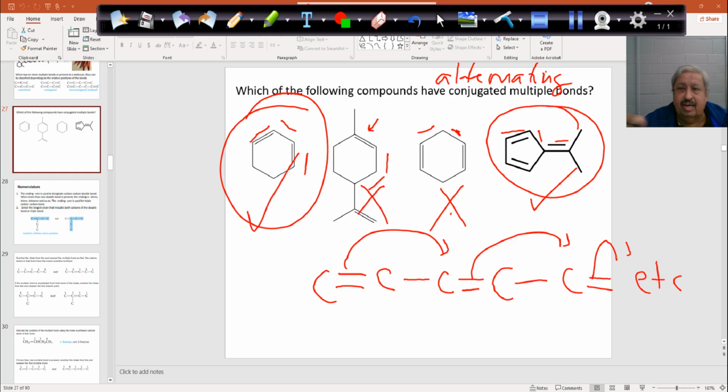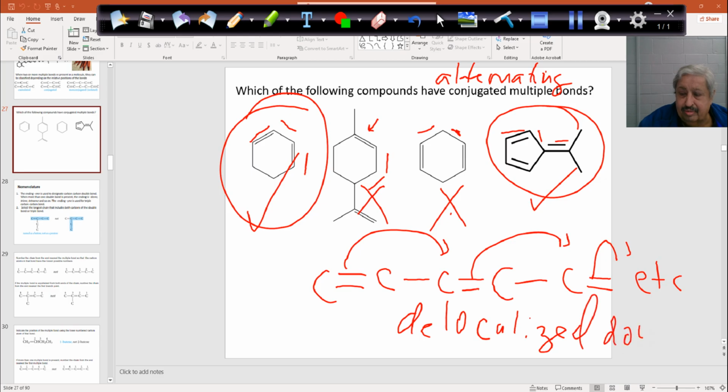So alternating leads to what we call a delocalized double bond system. So more stable, stability is very, very high. That can be seen in a higher boiling point, in higher melting points. All the physical property values will be very, very high.